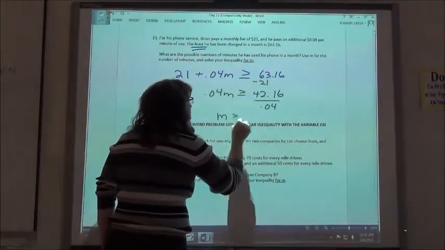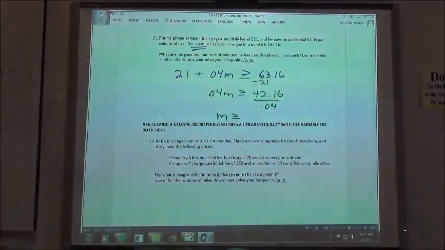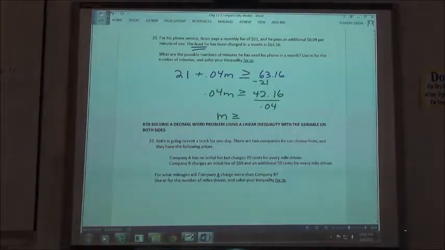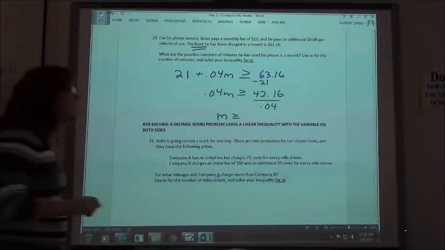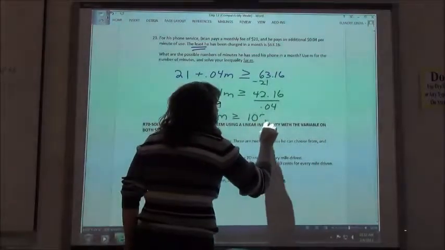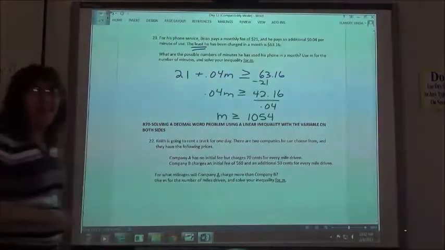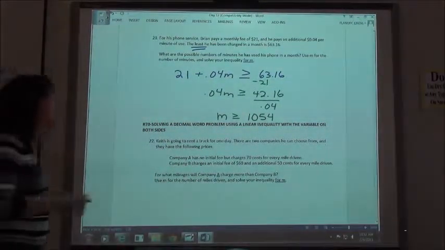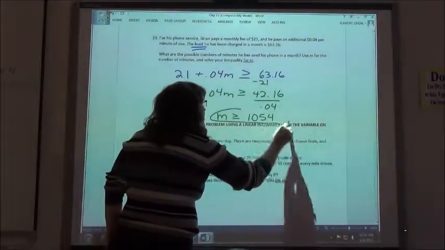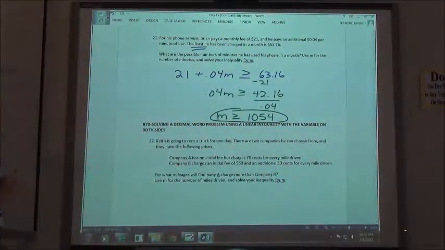M is going to be greater than or equal to 42.16 divided by 0.04, 1,054. Everybody else get that? So M is greater than or equal to 1,054. It's a lot of minutes on the phone.